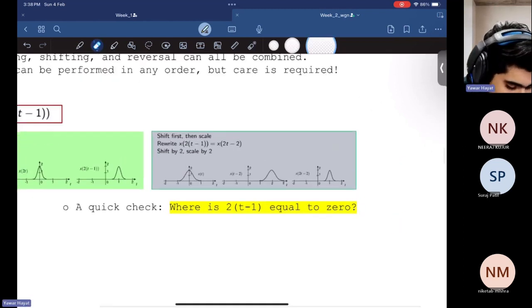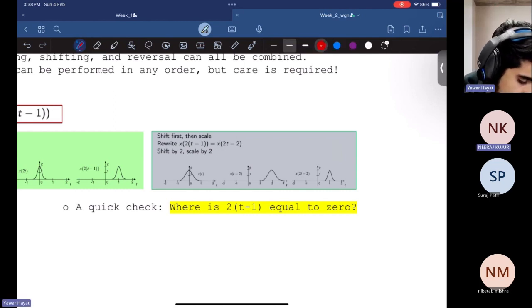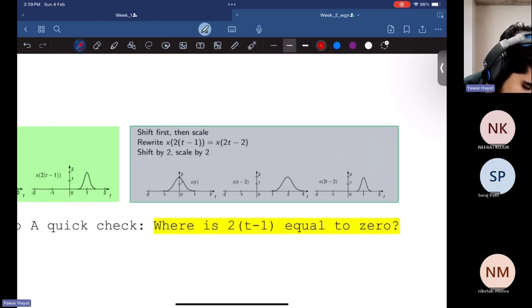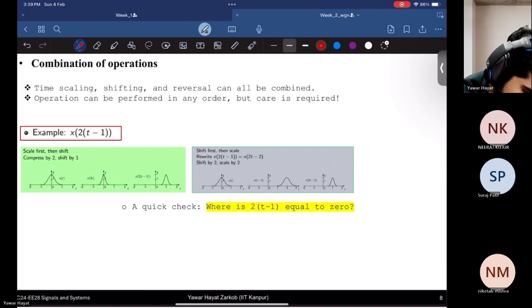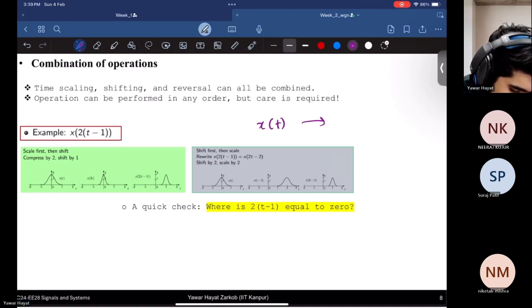So the other way around, if we shift it first and then scale. The caution that needs to be exercised if we shift it first is that, given a signal x of t, I would shift it by 1 unit, right?